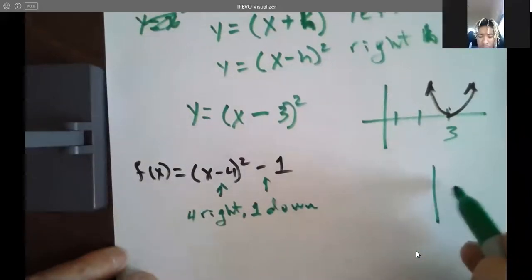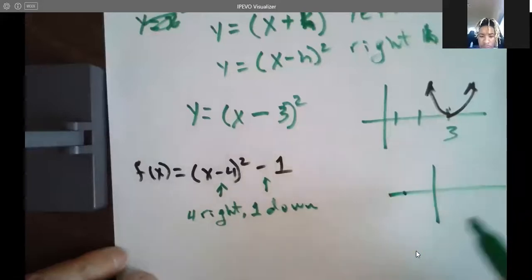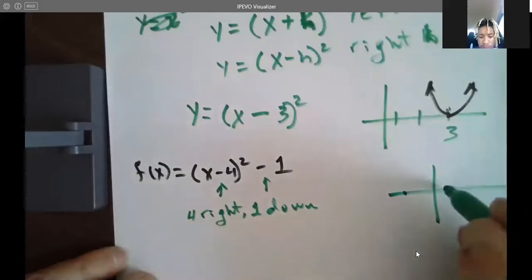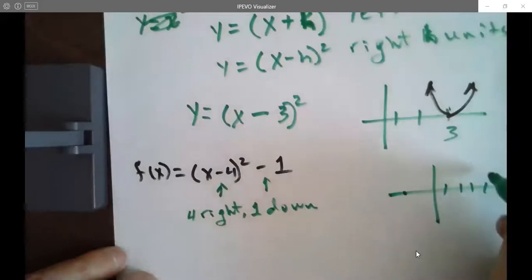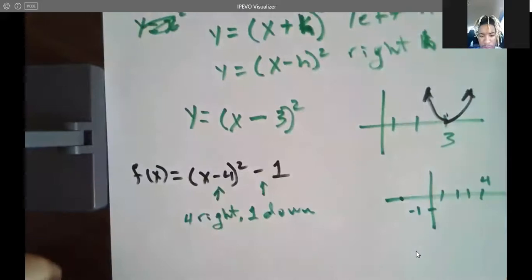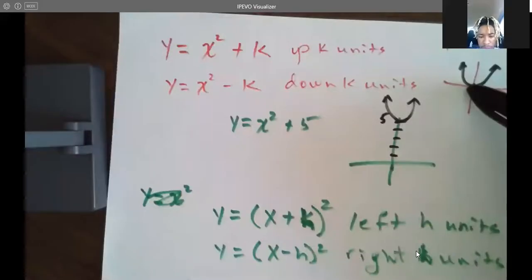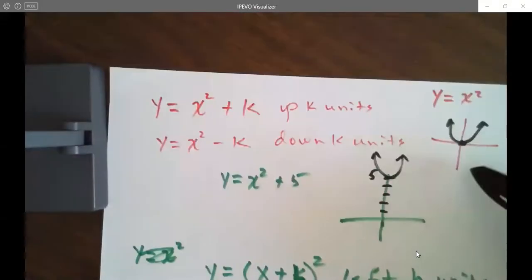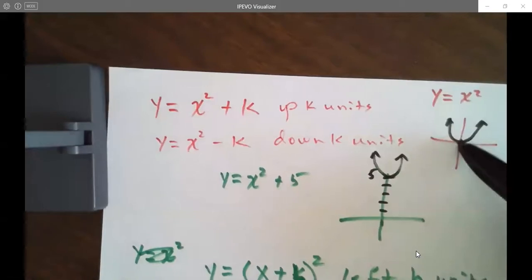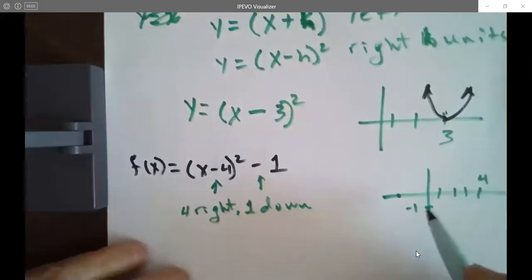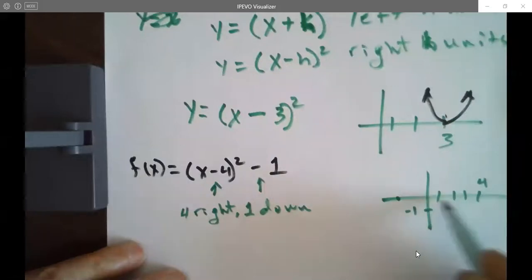So it's going to shift 4 units to the right, 1, 2, 3, 4, and 1 unit down. So now this vertex right here, the lowest point on the parabola, is going to be shifted right and then down.